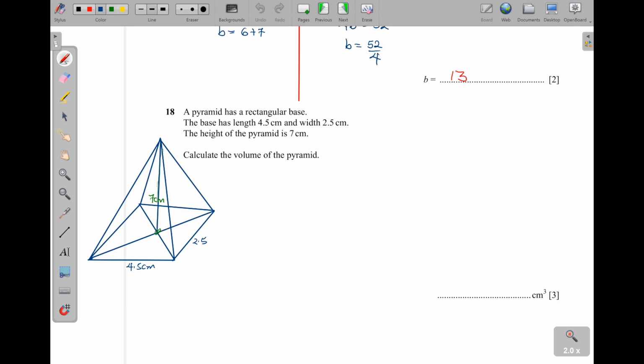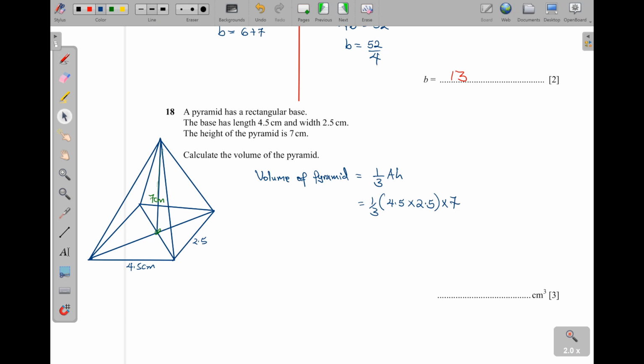So we are going to write here volume of pyramid is equal to a third. So this is a third, and then our area here is 4.5 times the 2.5, then times the height is 7.